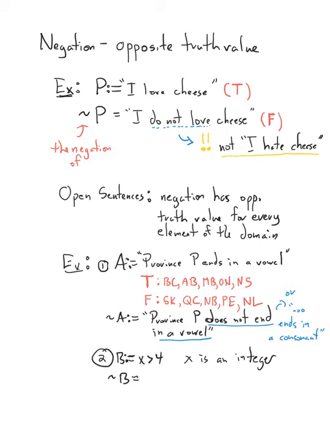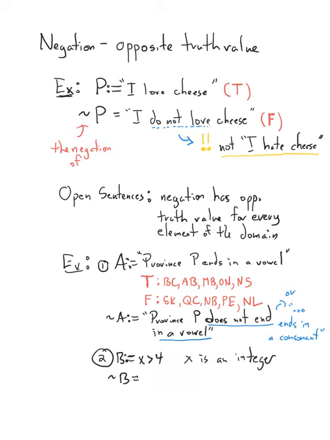They end in consonants. So the negation of this is going to be the open sentence that has the opposite truth value: province P does not end in a vowel. So the negation is true this time for Saskatchewan, Quebec, New Brunswick, Prince Edward Island, and Newfoundland and Labrador.